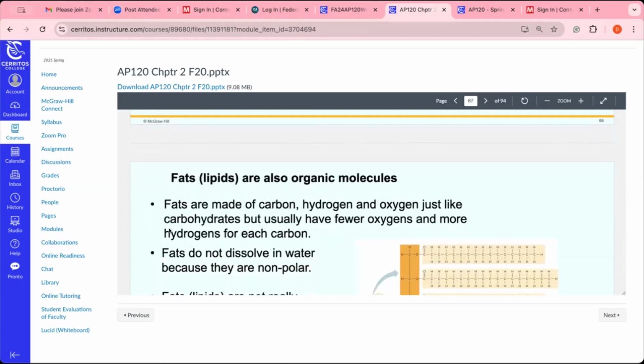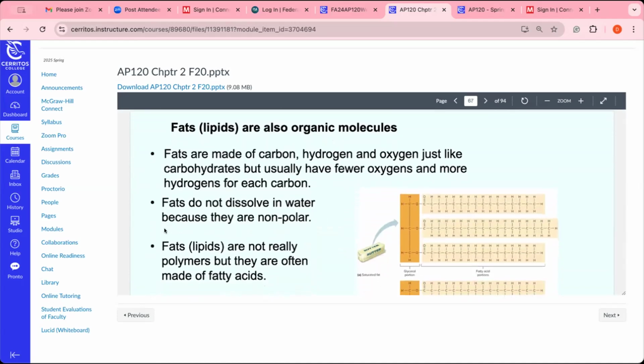Fats, lipids, are also organic molecules. Fats are made of carbon, hydrogen, and oxygen, just like carbohydrates, but have fewer oxygens and more hydrogens for each carbon. Fats do not dissolve in water because they are nonpolar. Lipids are not really polymers, but they're often made of fatty acids.